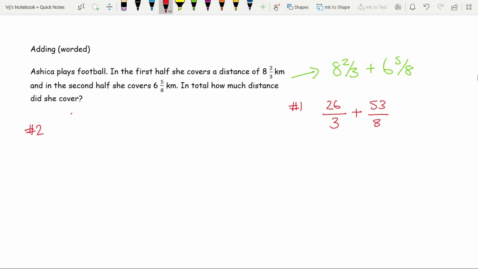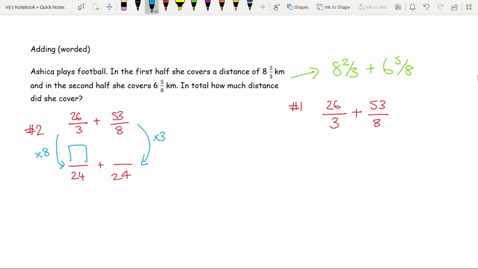So the next thing I need to do is get a common denominator. So I ask myself, what is the smallest number that appears in the 3 times table and the 8 times table? And that would be 24. And so I need to multiply the denominator of the first fraction by 8 to get 24, and I multiply the denominator in the second fraction by 3.